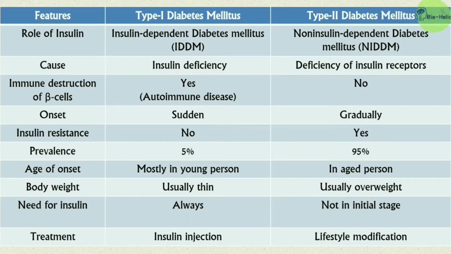Therefore, as a treatment, insulin injection can be given. But in type 2, as there is sufficient insulin, there is no need for insulin in the initial stage, and the only treatment is lifestyle modification. I hope the differences are clear to you.